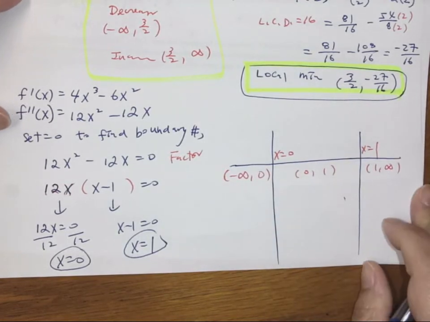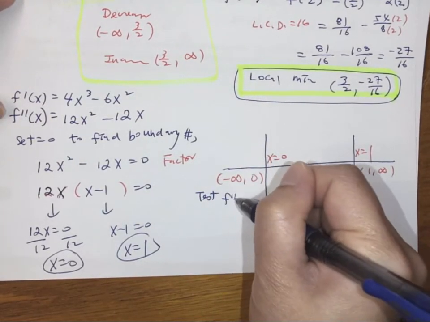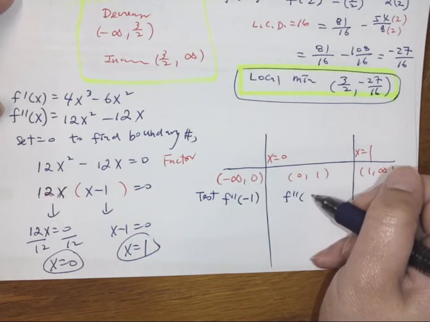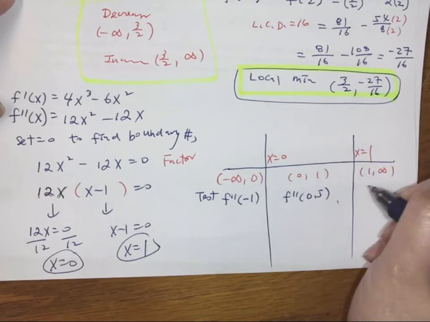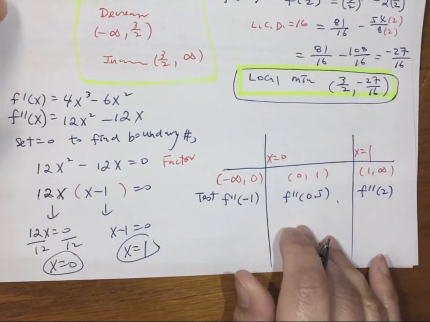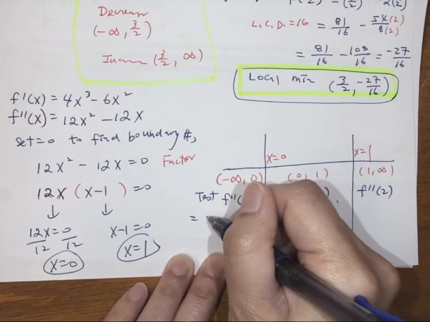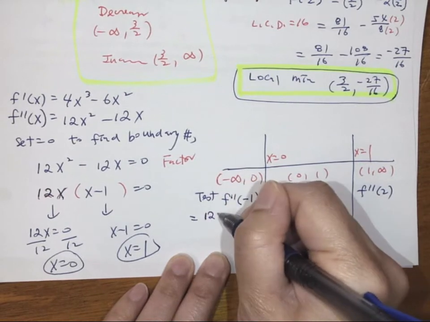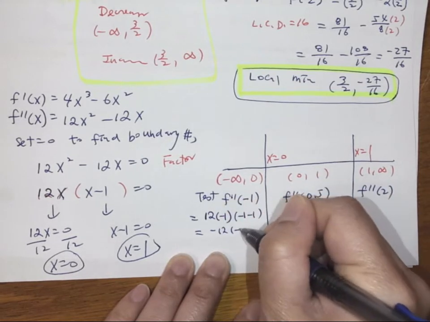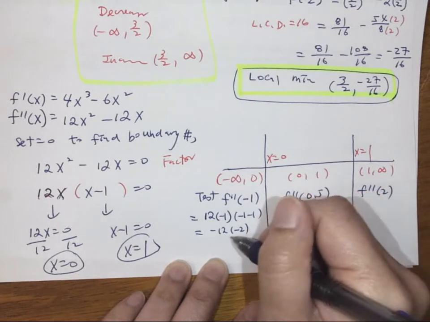This time we are trying to figure out the concavity, so we need to test the second derivative with negative 1. For 0 to 1, maybe 0.5. This one may be a 2. So if you plug negative 1 into the second derivative, 12 times negative 1 minus 1, negative 12, negative 2, so it's a positive 24.